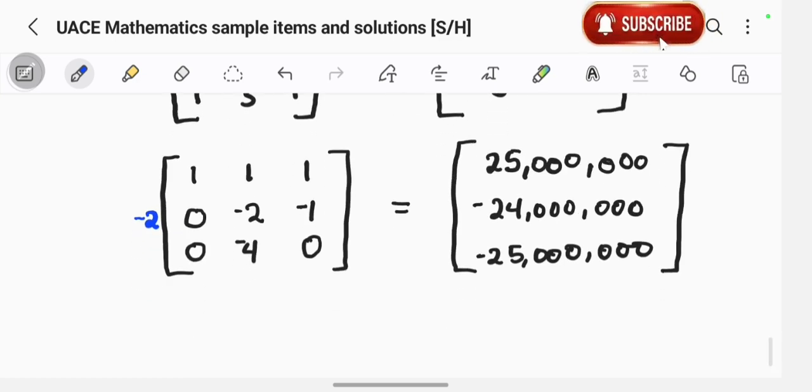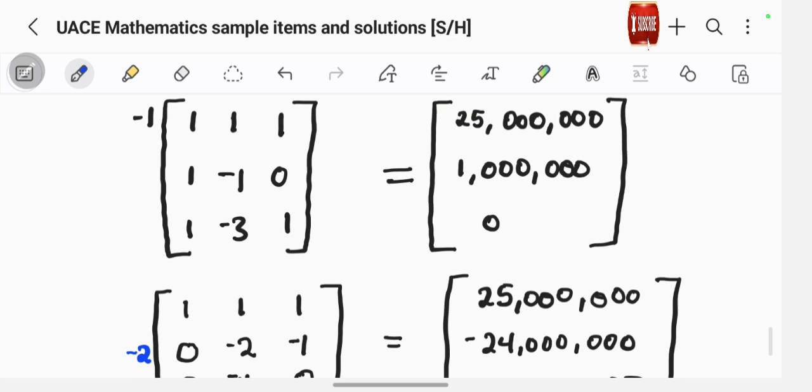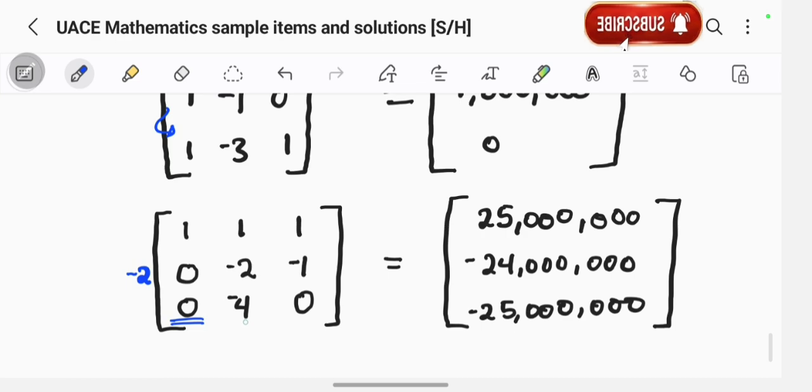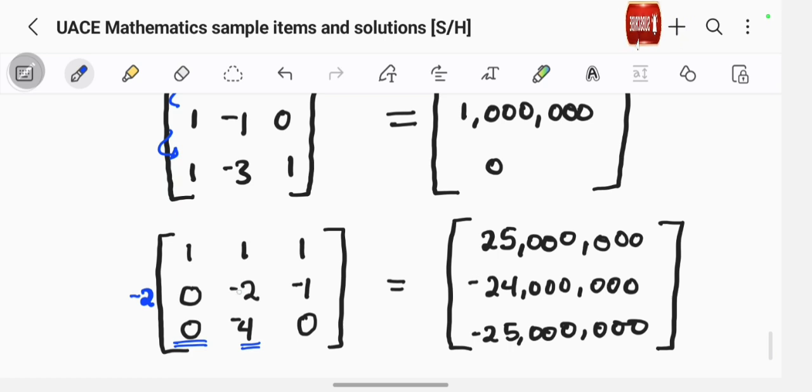So you've seen that if I want to eliminate the first column or making it a 0, I subtract the first row with the second and the third. If I want to make this second column a 0, I subtract the second row with the third row.